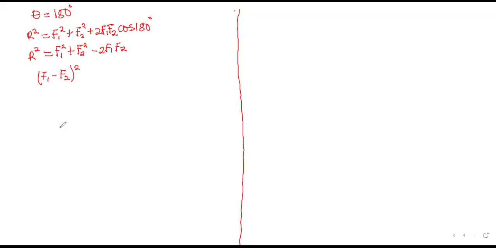Help me expand f1 minus f2, all squared.